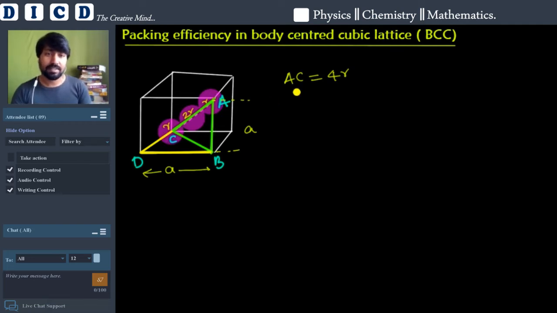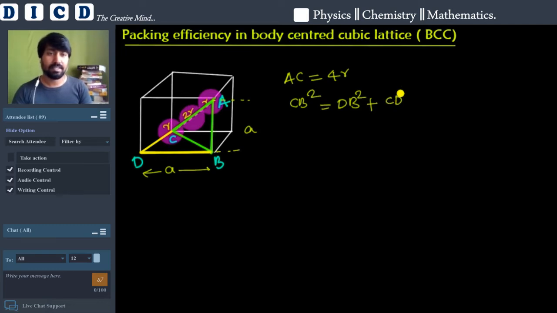Now this AC length we have to express in terms of A, and for that I need to find this length CB. Using the Pythagoras theorem, CB square is equal to DB square plus CD square.